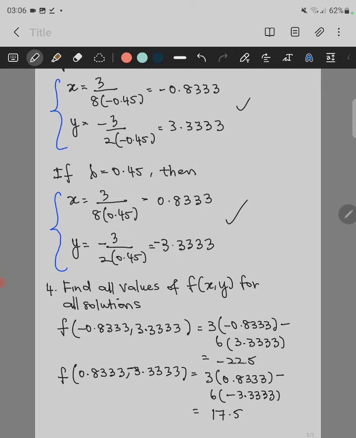So from step number 4, we have already found all the values of our function for all the solutions from the third step. Now we come to the last step.